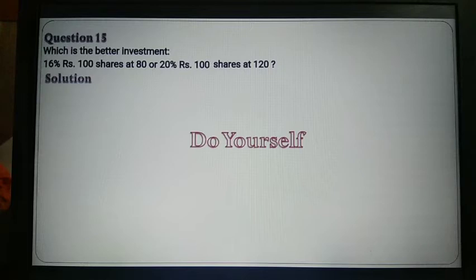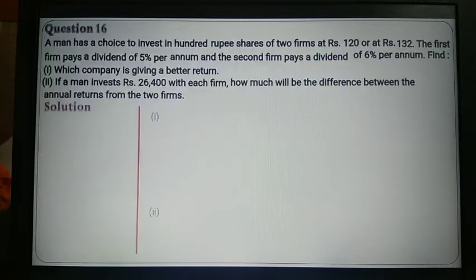You will be able to do this sum if we see the next question, that is this one. Now let us see what is happening here. A man has a choice to invest in rupees 100 shares of two firms at rupees 120 or at 132.